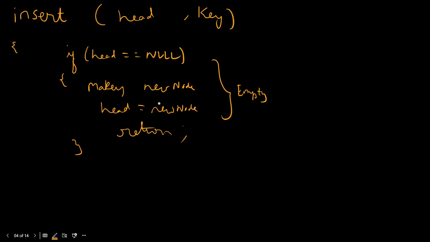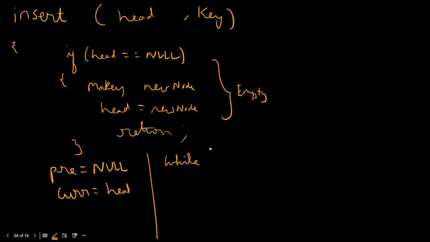Now let us take care of insertion at the head and insertion into a non-empty list. So for a non-empty list, you need two pointers. Let pre equal null and then cur equal head. And we use the while loop while cur.